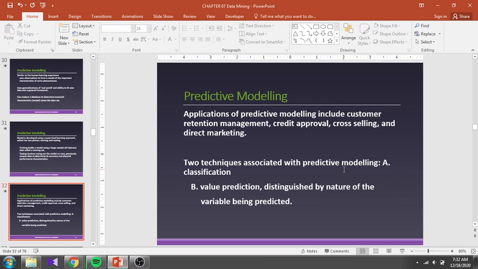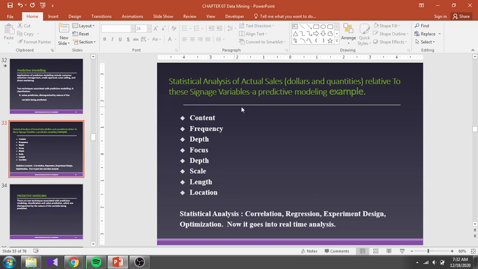Two techniques are associated with predictive modeling: classification and value prediction, distinguished by the nature of the variable predicted. Statistical analysis of actual sales, for example dollars and quantities, relative to the variable.